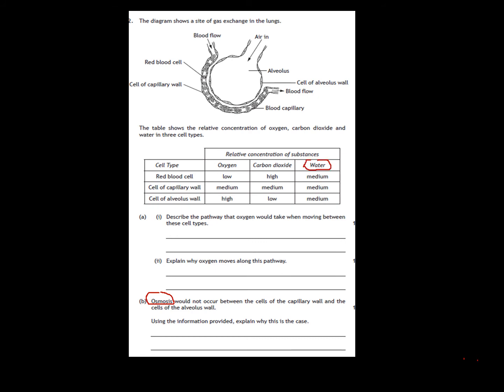So what would be the common feature of water which means that it would not be able to happen? Okay, so the answer would be there is no concentration gradient, or there is no difference in concentration, because all of the water is at medium. So its relative concentration is all at medium. So all you need to put for your answer is that there is no concentration gradient.